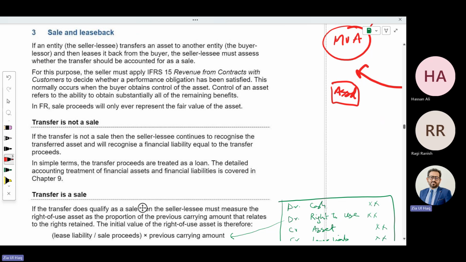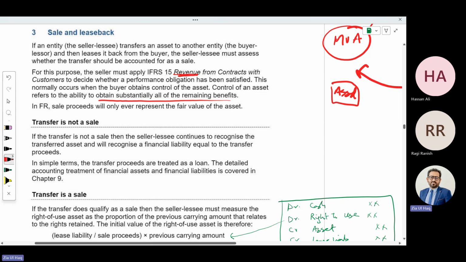For this purpose, the seller must apply IFRS 15 Revenue from Contracts with Customers, meaning revenue means sale, to decide whether a performance obligation has been satisfied. This normally occurs when the buyer obtains control of the asset. Control of an asset refers to the ability to obtain substantially all of the remaining benefits.